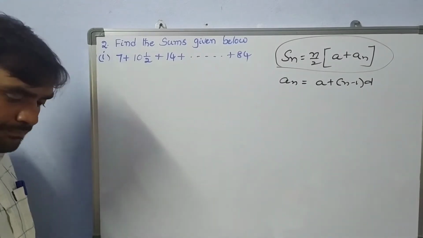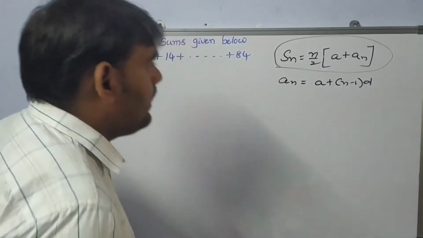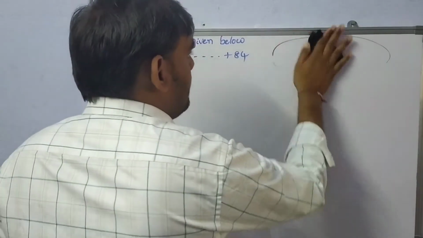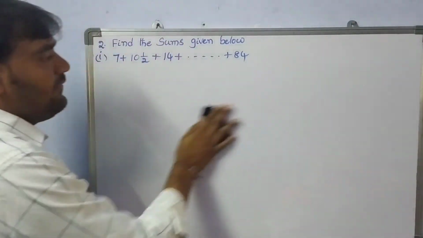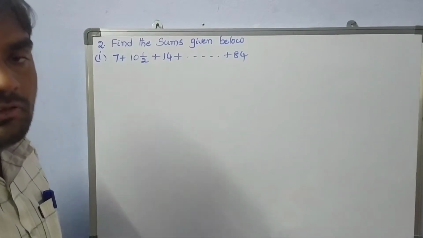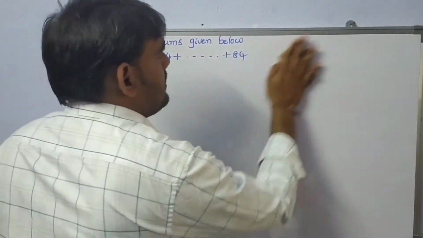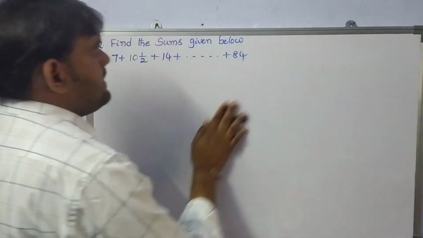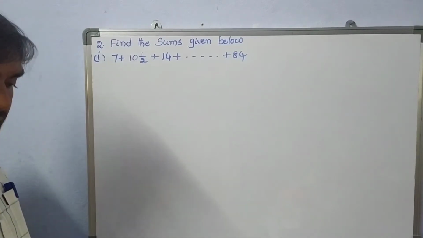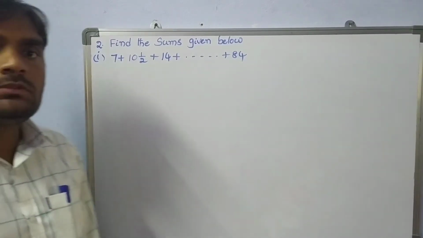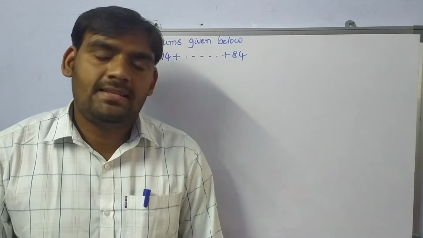So here first we will write an and a, later we will find the common difference d. After that we will find the number of terms. So we can simplify this problem by using Sn is equal to n by 2 into (a plus an).